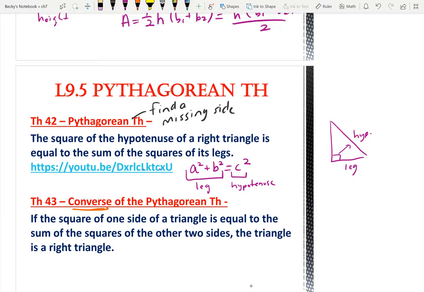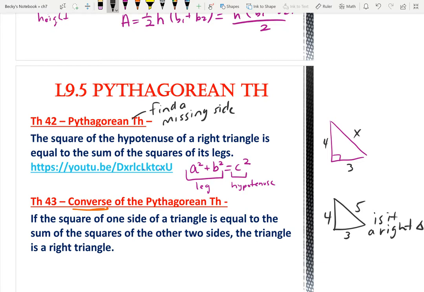Okay, so on this picture that I drew, if I gave you a problem like, hey, this side is 3 and this side is 4, find x, you're going to use theorem 42 because you're going to find a missing side. But if I give you a triangle and I say this side is 3, this side is 4, and this side is 5, is it a right triangle, you're going to use the converse to show if it works or not.